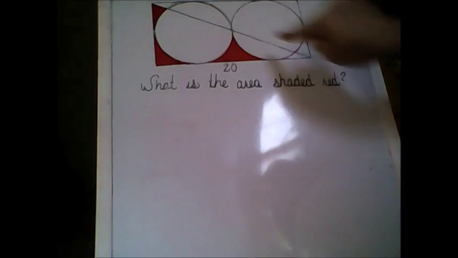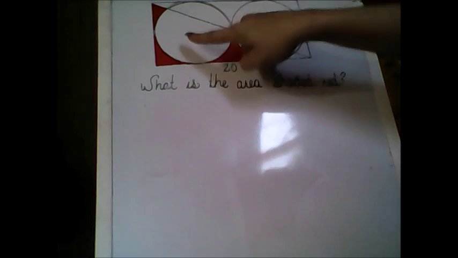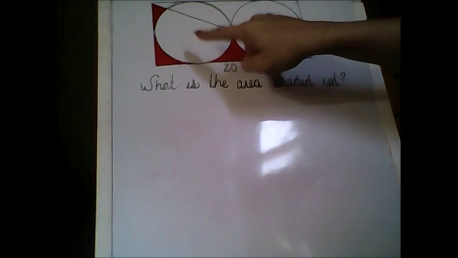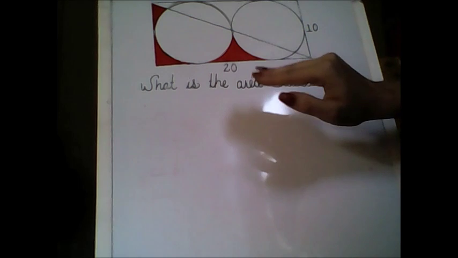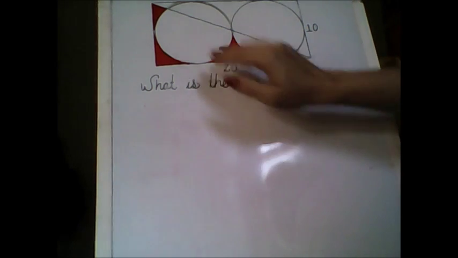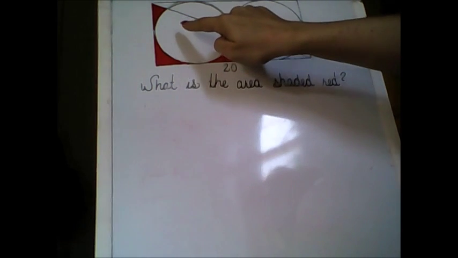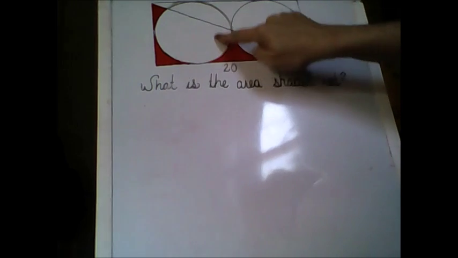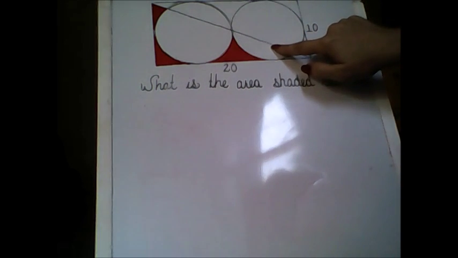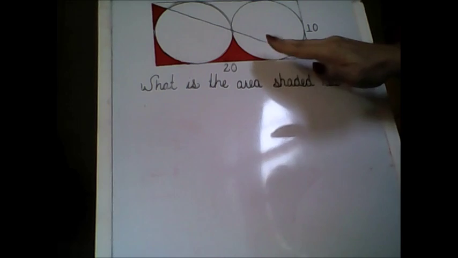Okay, so let's erase our board and now take a look. We just found the area of one of these 2 triangles, and we're going to focus on this one because this is what it's asking us: the area of the shaded red. So now we need to get rid of these circles, because this is not shaded red in the triangle.